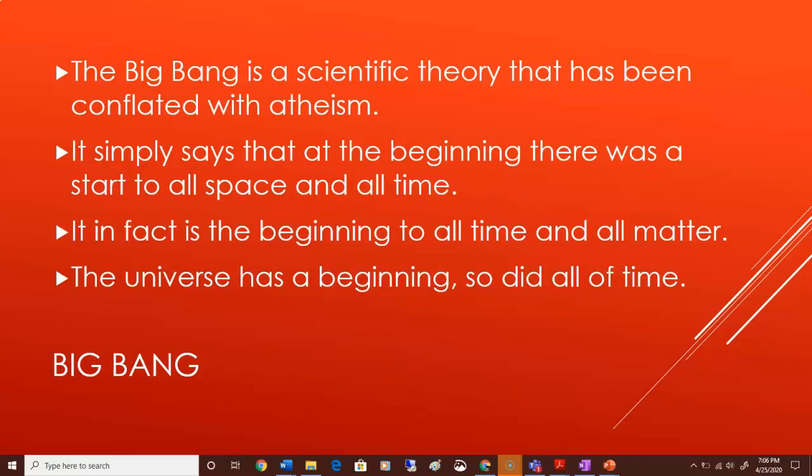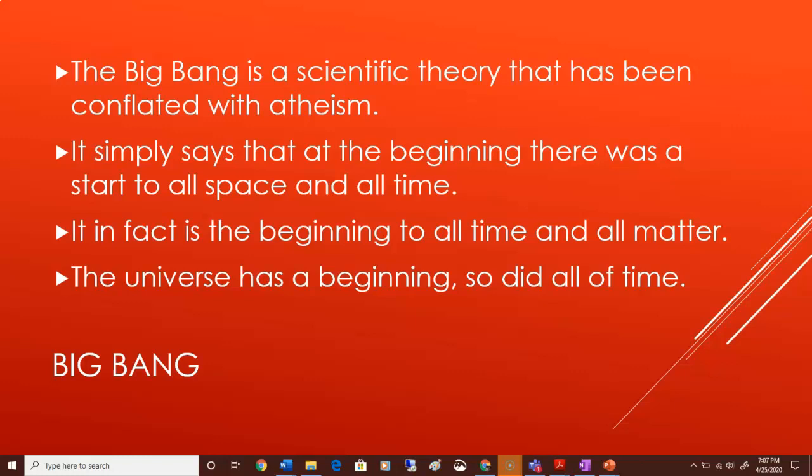Now, when we take a look at going back in time, the Big Bang is a scientific theory. Now, a theory, again, remember, is different than a law because it is an explanation. And science, dealing with the natural, means it's a scientific explanation. Now, this has often been conflated with atheism, and we're going to take a look at that.